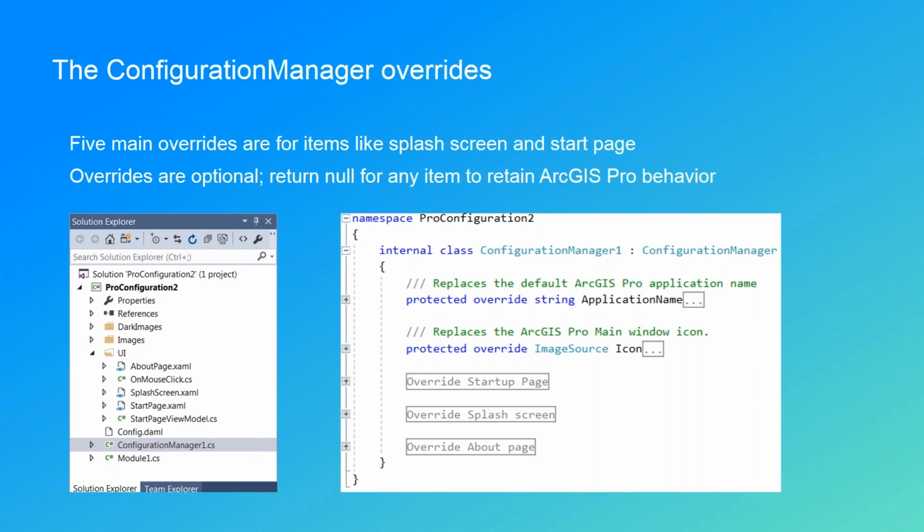You just want your users to have your start page. Well, you just don't have to implement the others. Or if you're doing decision making, you could return null, and then it will just automatically go to the Pro start page, about page, so that you can keep the Pro behavior in some cases, but take it over when you need to.